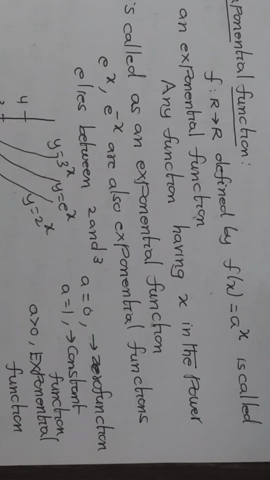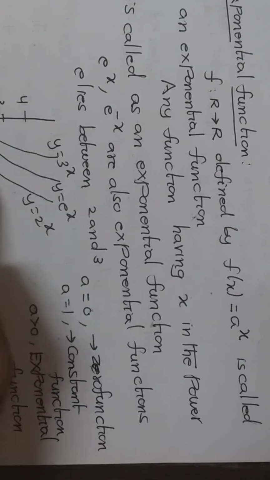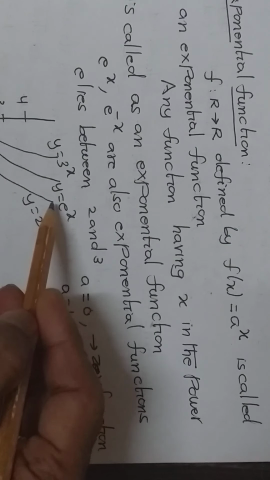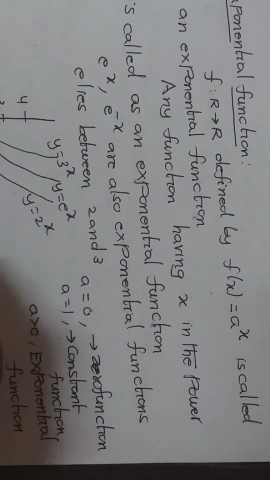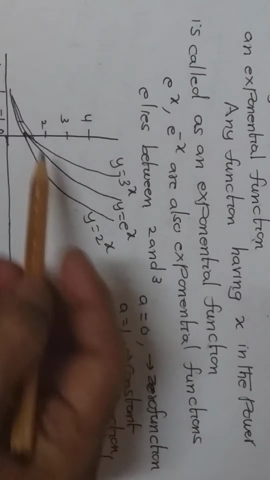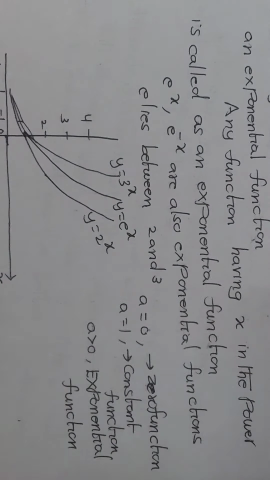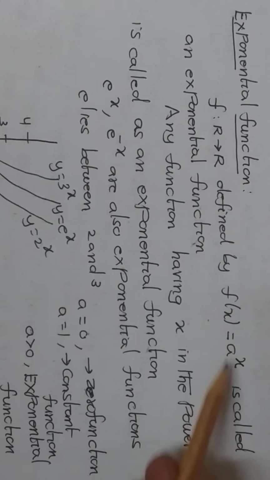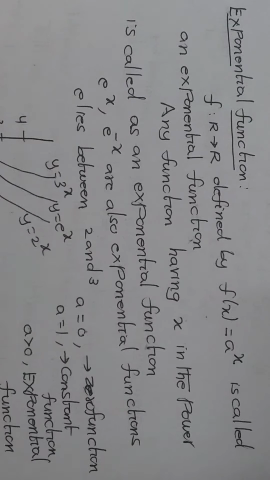As the value of x increases, the graph will move upwards. It keeps increasing. That's why it is known as an exponential function. As x increases, the graph also moves up exponentially. So f from R to R defined by f of x equal to a power x is called an exponential function.